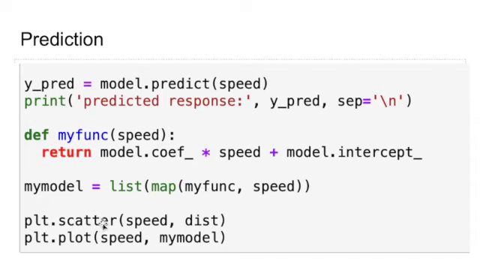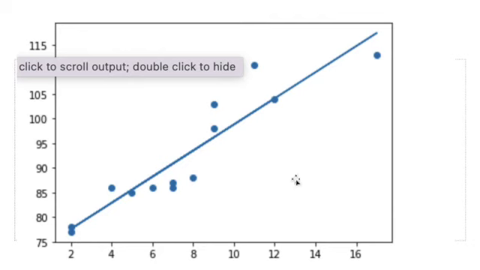Then we can plot the scatter plot, where speed is the real independent variable and dist is the real dependent variable. And the speed again is the real independent variable, and my model is the estimated variable. Then we come up with this image. The data dots are the real values, and the line is the predicted regression model.